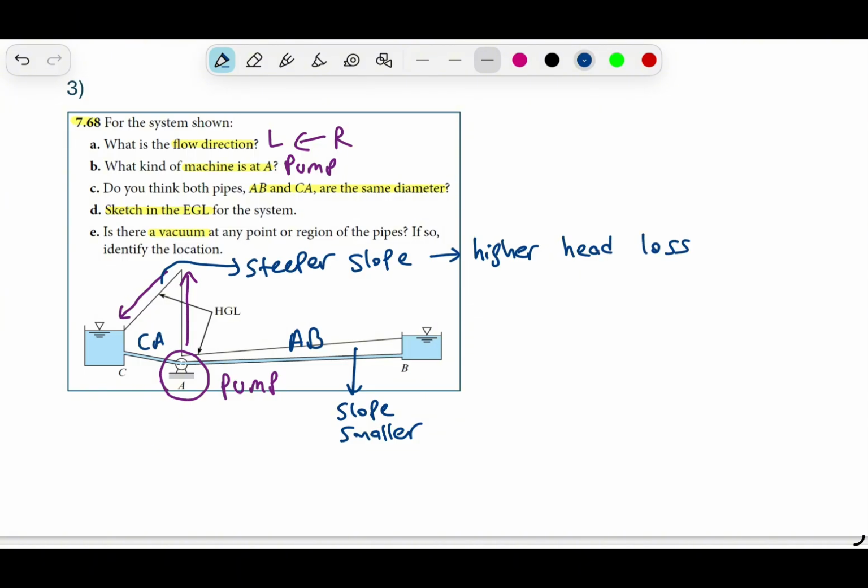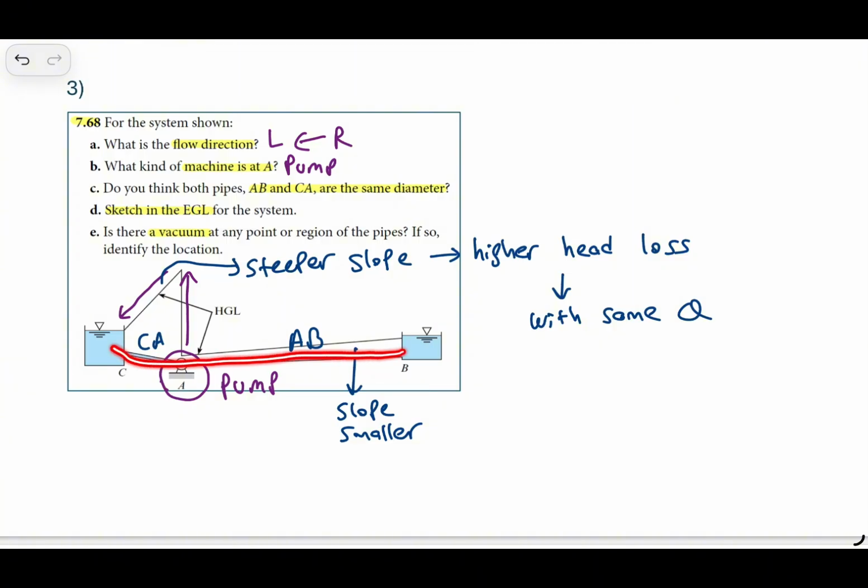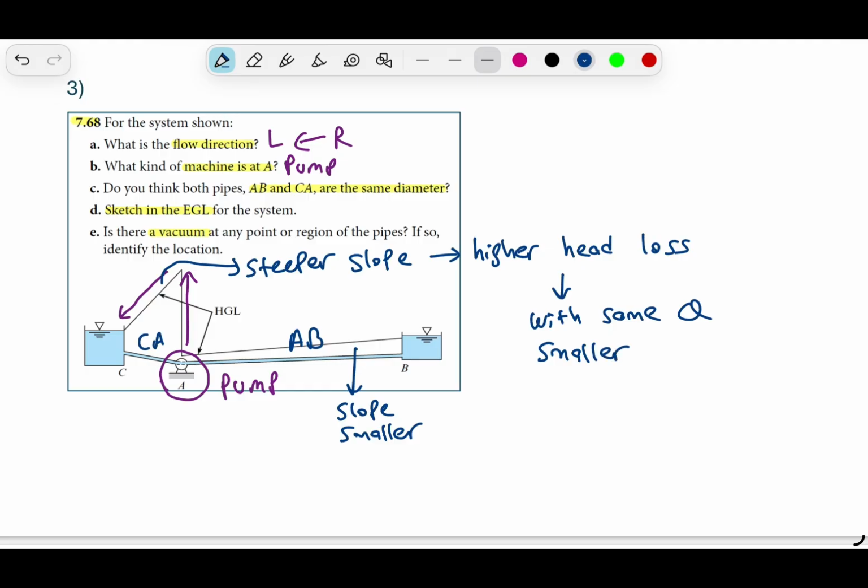And higher head loss means, with the same flow rate, because the flow rate will not change throughout the system, with the same flow rate, a smaller diameter means higher velocity.